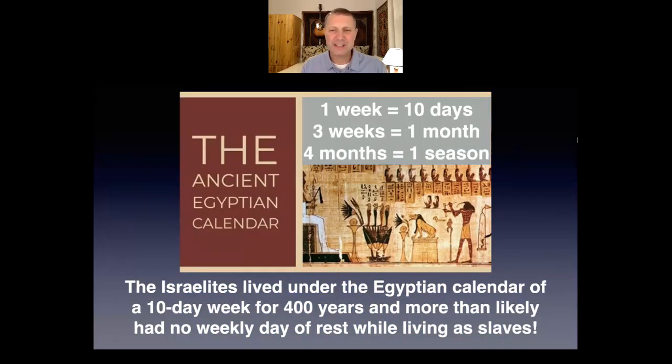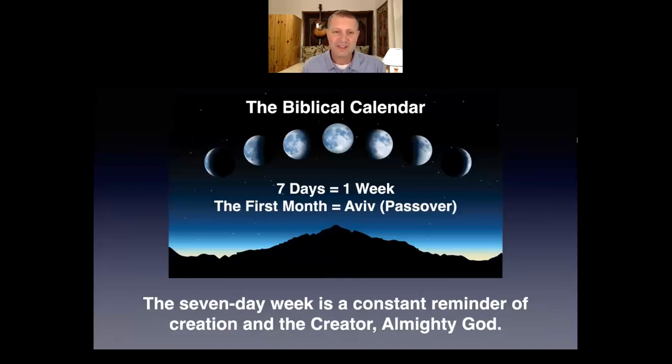The Israelites lived under the Egyptian calendar of a 10-day week for 400 years, and more than likely had no weekly day of rest while living as slaves in Egypt. That concept of a 7-day week with a weekly day of rest was foreign to them. The 7-day week is a constant reminder of creation and the Creator, Almighty God.